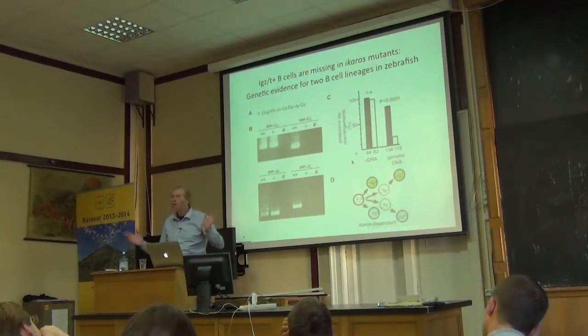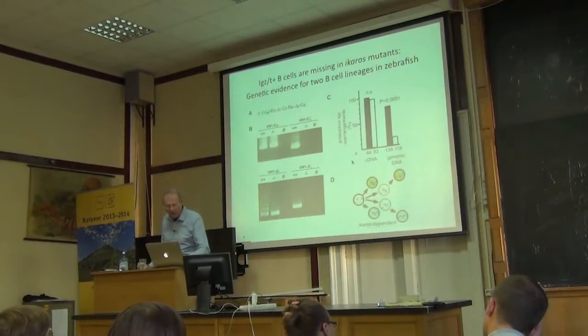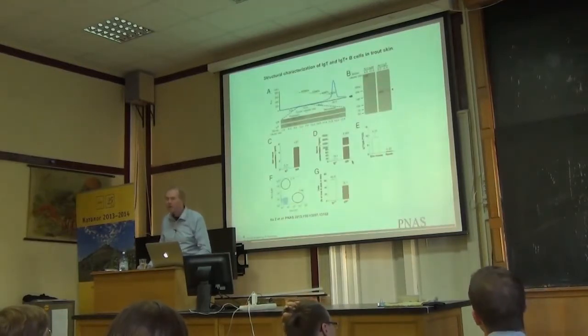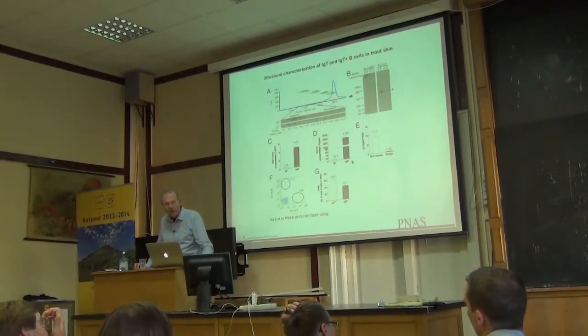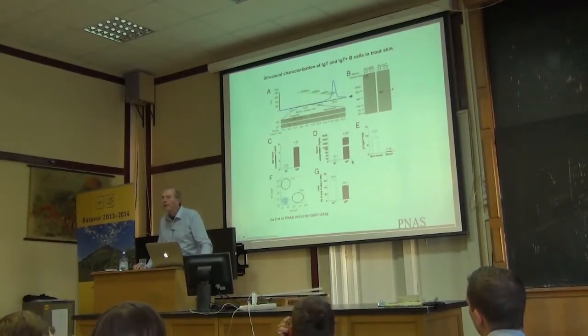And you might say, okay, well, who cares? Mu or zeta? You, of course, think if we preserve this, there must be a reason for this, and I will now attach this to some recent finding, not our finding, but that was published just recently. You can read the details, where somebody was looking, or a group was looking at where this IgT or IgZ, that's the same, these IgT expressing B cells are located in the fish.